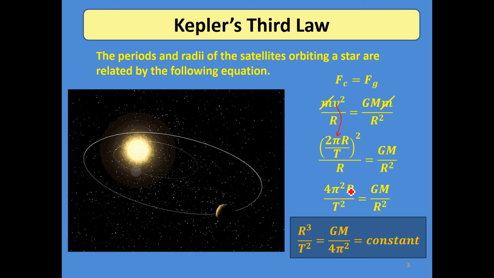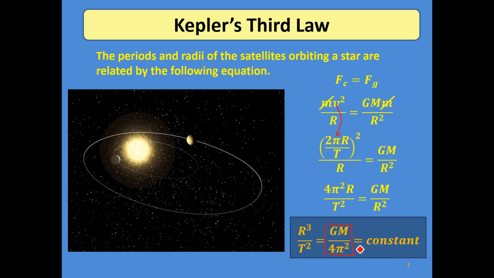What Kepler's third law more or less says is that the ratio of the distance away from a star of a planet cubed divided by its period squared is the same for every single planet in the system. I'll say that again: this ratio that you see right here, G M over 4 pi squared, is the same for every single planet in a star system.